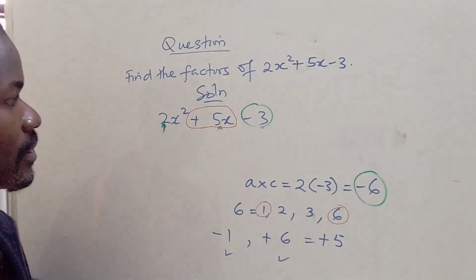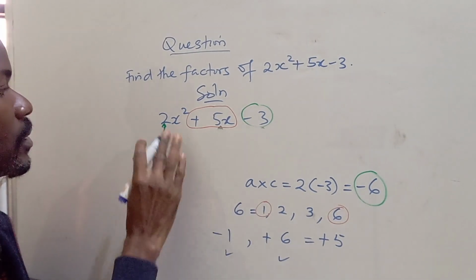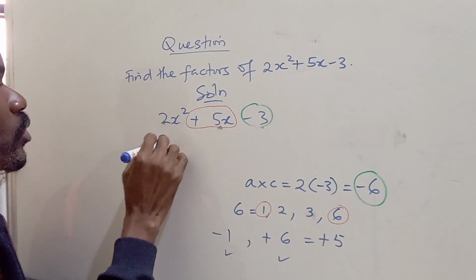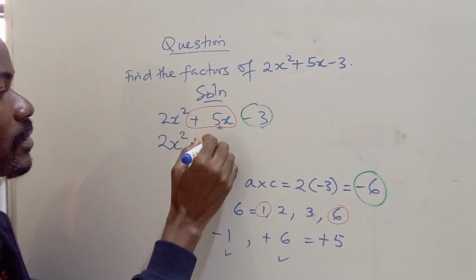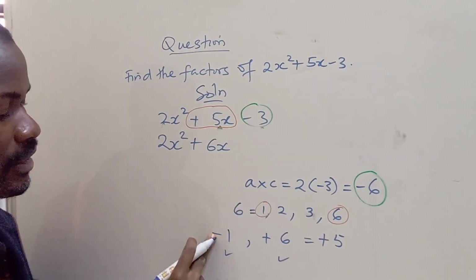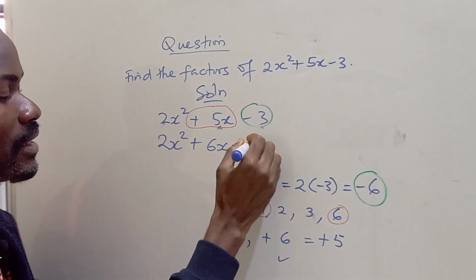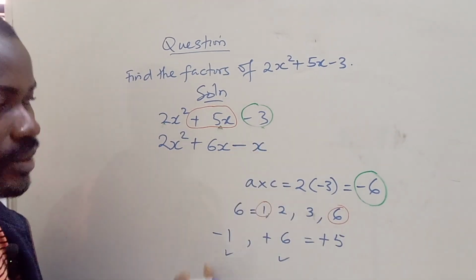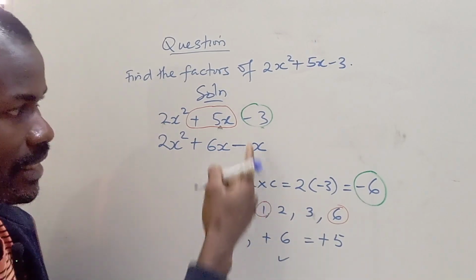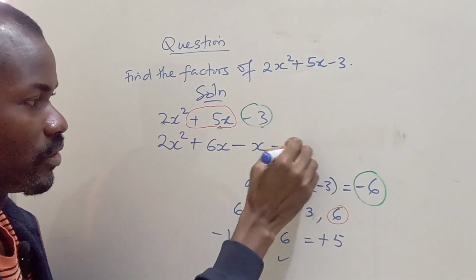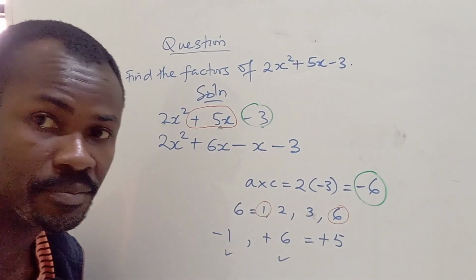So I'm going to write all this as 2x squared, and I can put this as plus 6x, this as minus 1x, which we can also write as minus x, and we have minus 3.